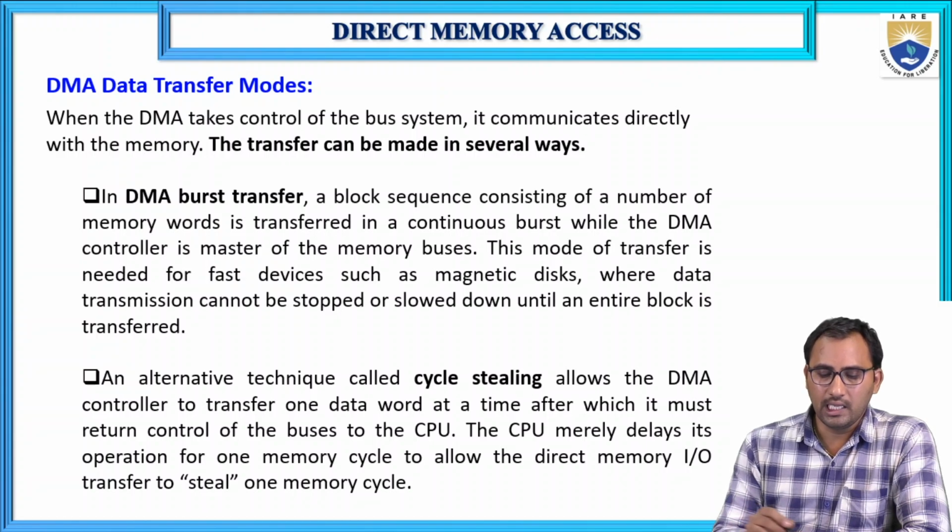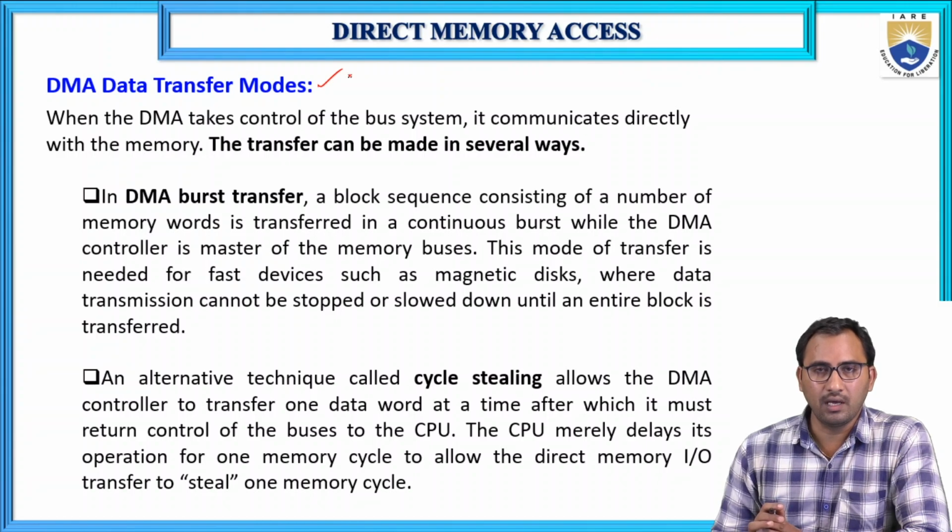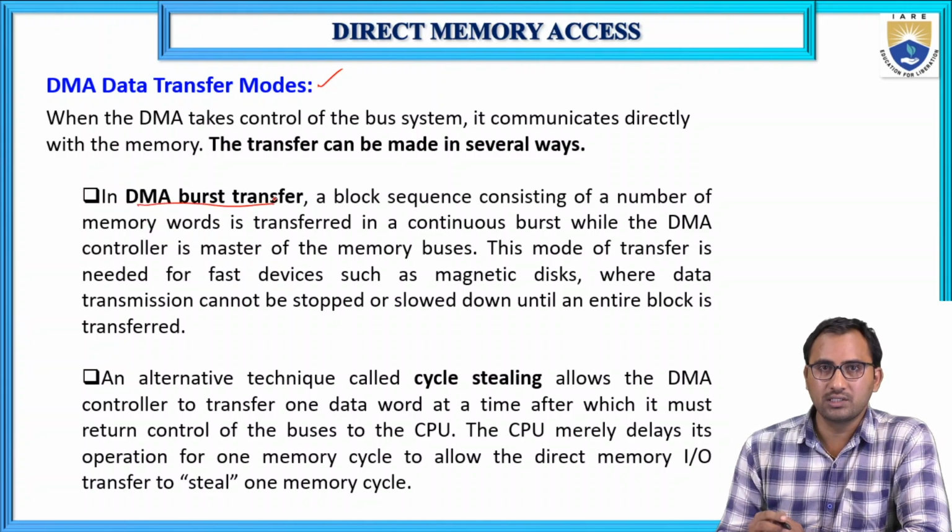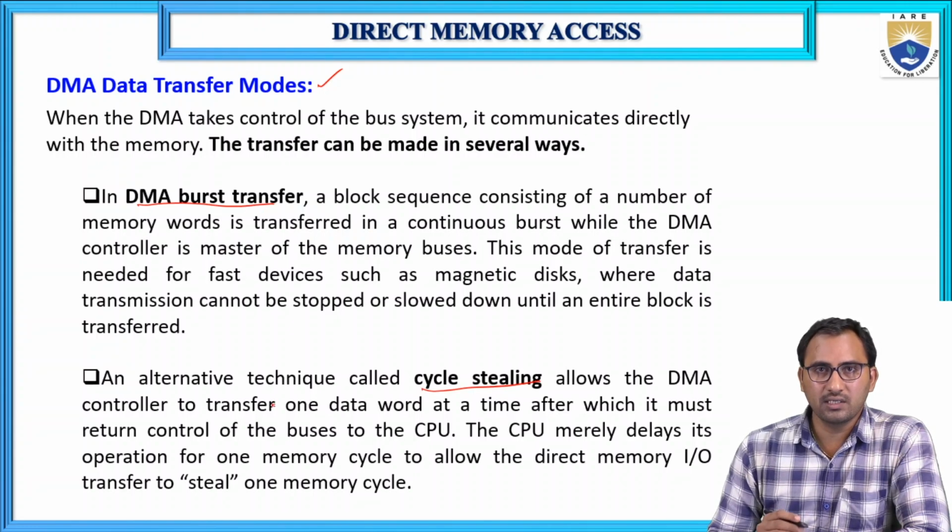Coming to the DMA data transfer modes, we can transfer data from the peripheral device to the memory in two modes. The first mode is DMA burst transfer, and the second one is cycle stealing. So what is burst transfer? In burst transfer, all the data we are transferring from the IO device to the memory, or memory to the IO device, goes at a time.